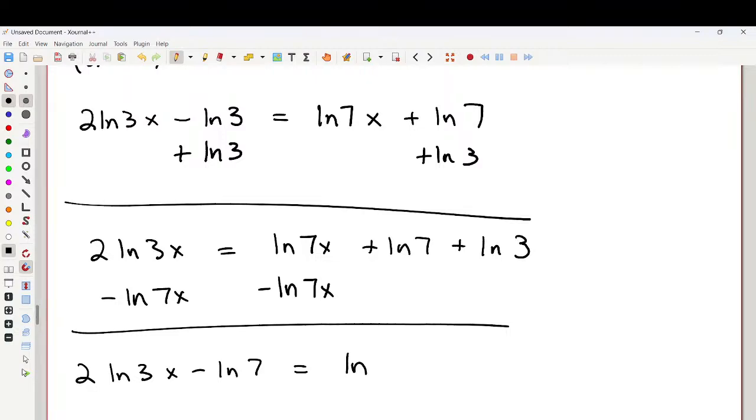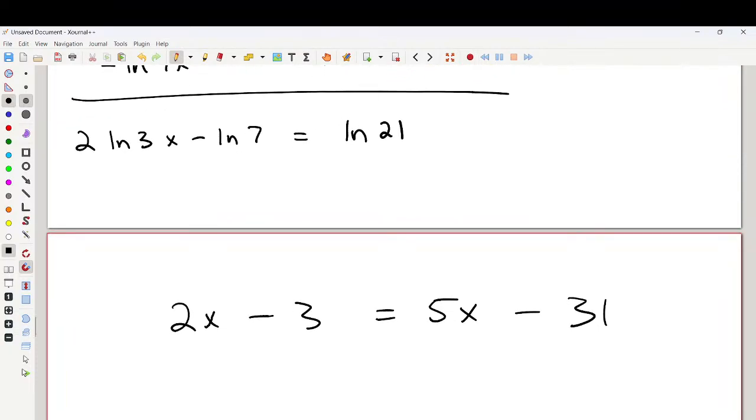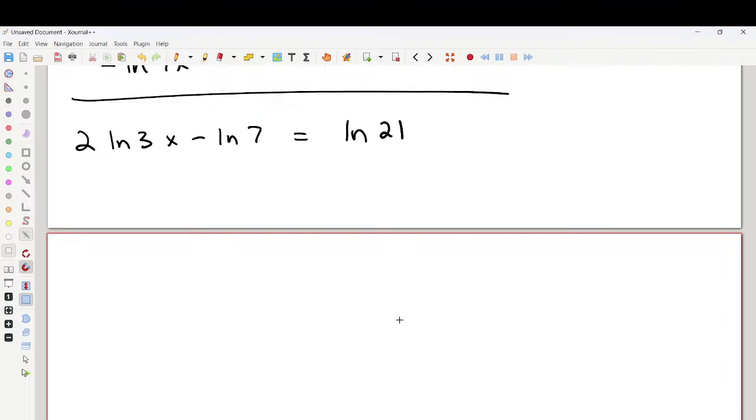And we will call this 21. I lost an x. Where'd you go? Right there.